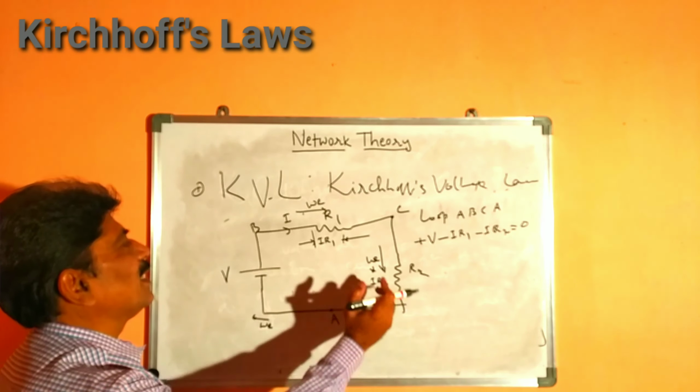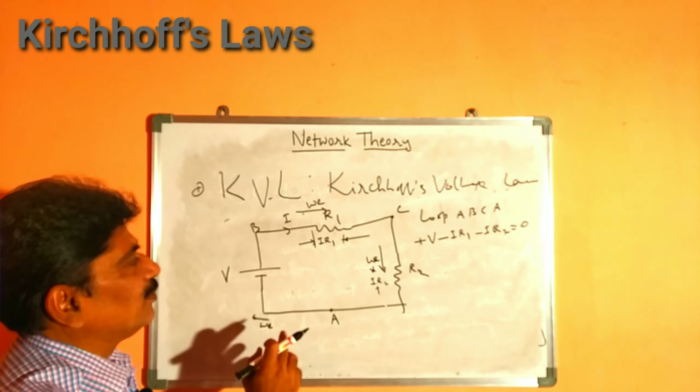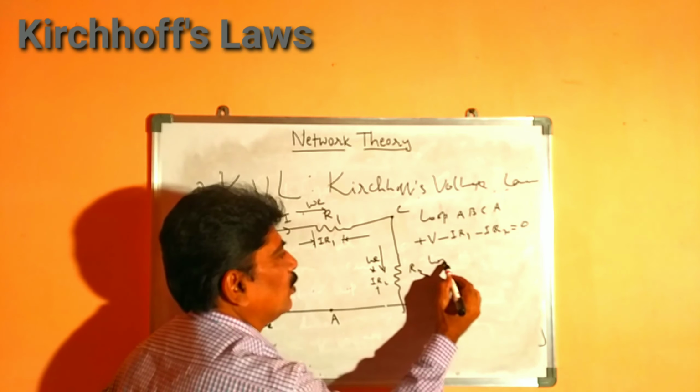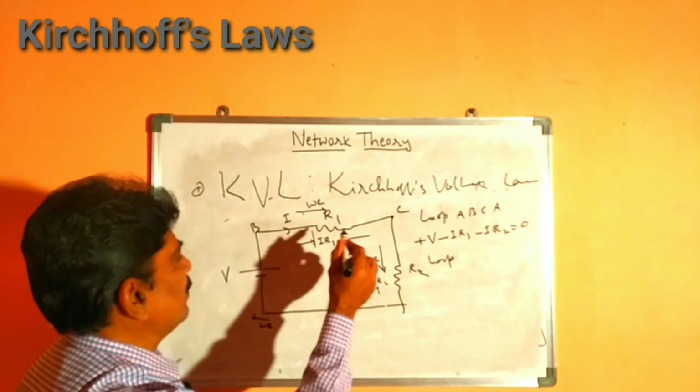Now consider the same loop, moving against the direction of current. We write loop ACBA.